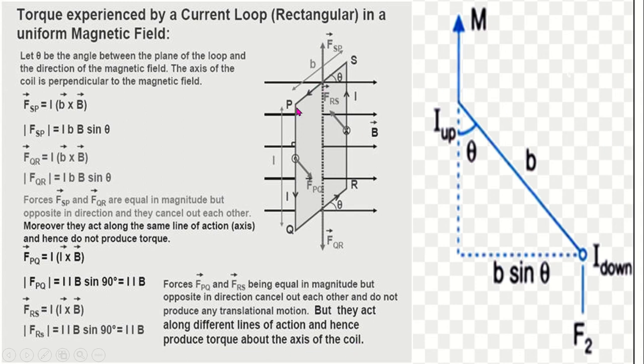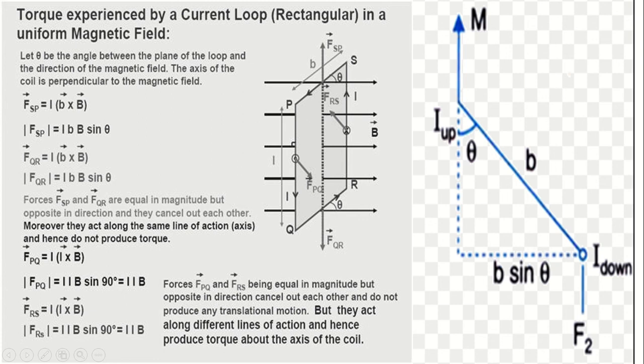This is the frontal portion of the figure. If we observe this figure from the top view, the figure would be like this. This is the top view of the figure. Look here, one force is in the upward direction and the other in the downward direction, and this is the width of the loop.